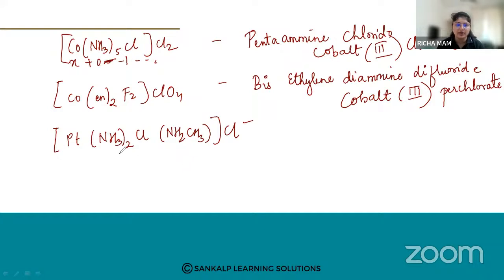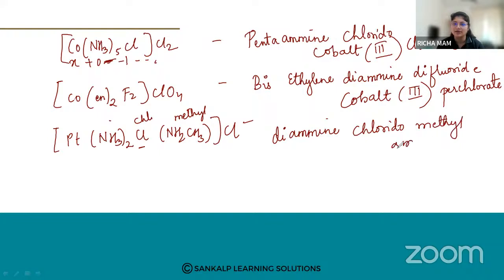Next one, we have amino, chlorido, then we have methylamine. Which will come first? This is M, methylamine. This is chlorido. So your name will be diamine, chlorido, methylamine, platinum.